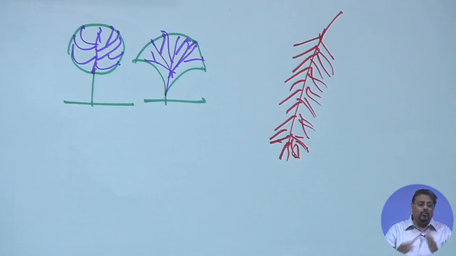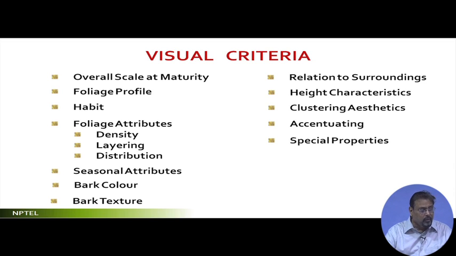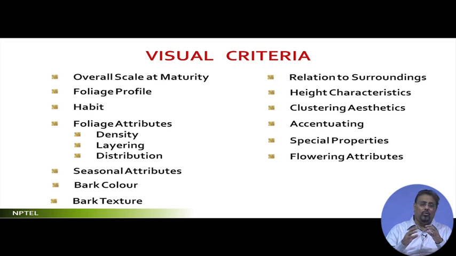So in the whole visual criteria, what you do is you see overall scale, profile, the habits, the branching patterns, the foliage attributes, and then in season how it is appearing to you, the bark color, bark texture, and its relationship with respect to the surroundings, the height, the clustering aesthetics, how it looks together, accentuating properties of it, special properties, and the flowering attributes.